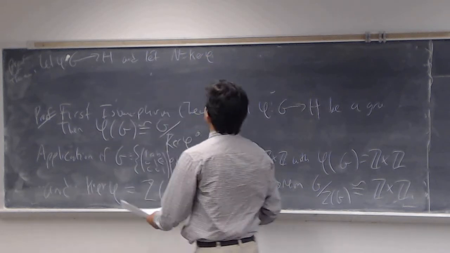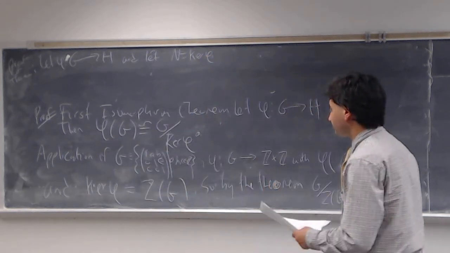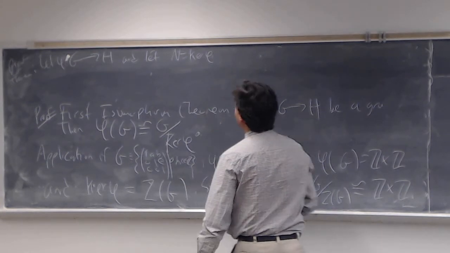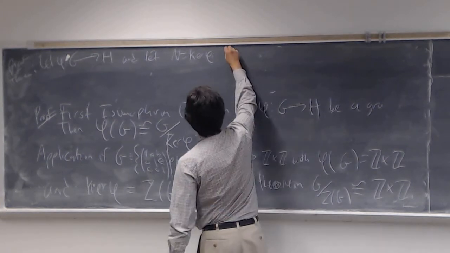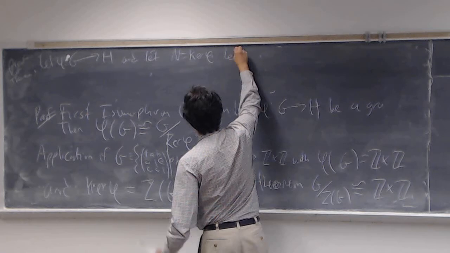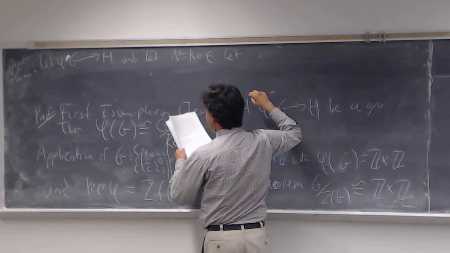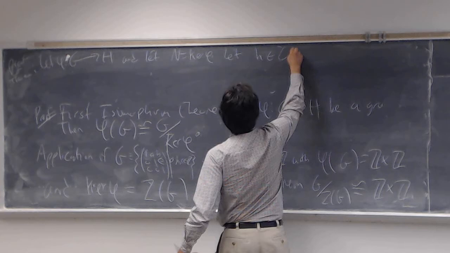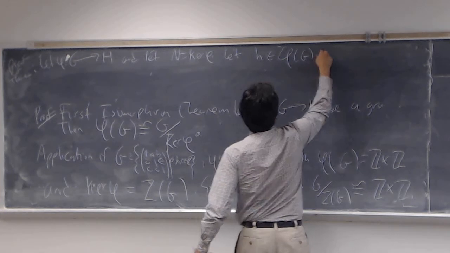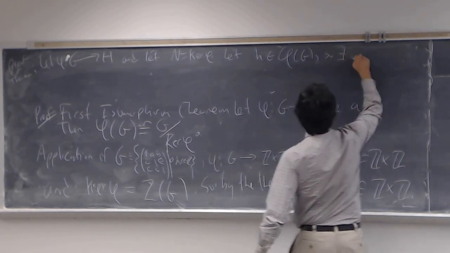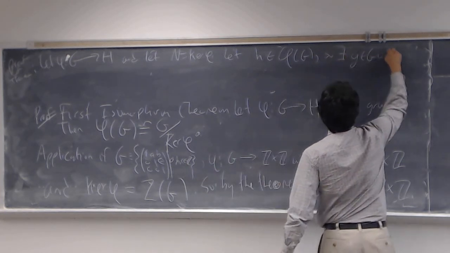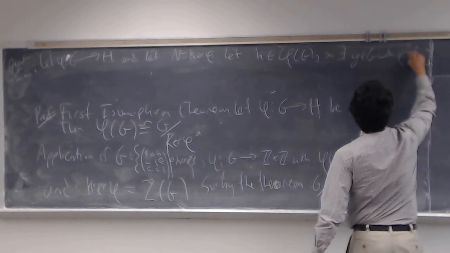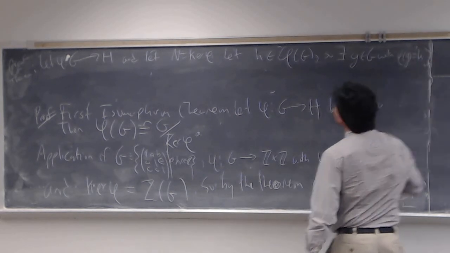So instead of writing kernel phi, we'll just write N. So let's define a potential isomorphism. Let h be an element of phi of G. So there exists a g in G with phi of g equal h.